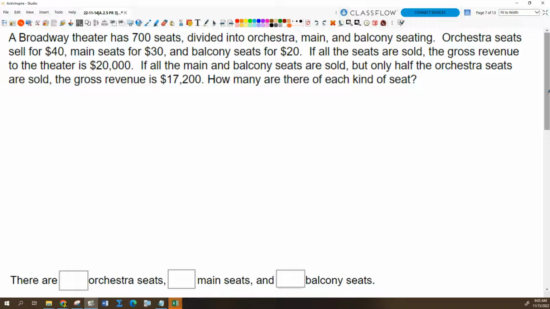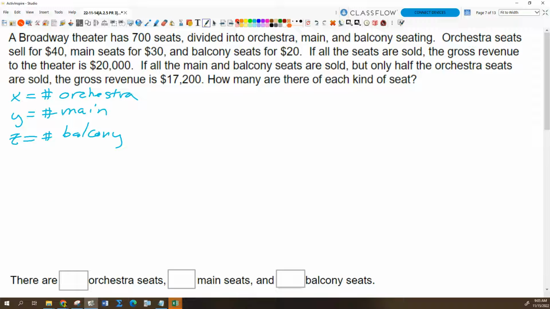The number. So X in this case equals number of orchestra seats. We'll let Y equal number of main level seats and Z equal number of balcony.